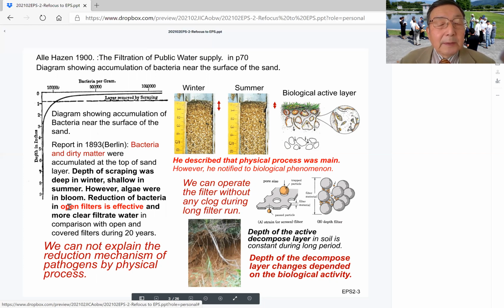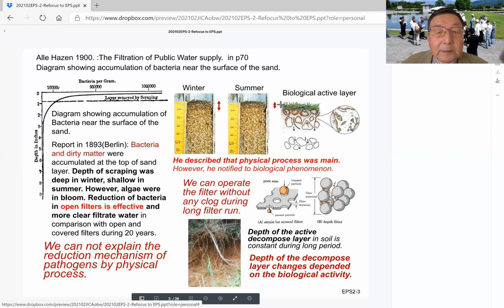Bacteria reduction in the open filter is effective, and the filtrate water is clearer in comparison of open and covered filters during 20 years. They said, we cannot explain the reduction mechanisms of pathogens by only the physical process. So dirty in winter, shallow in summer.